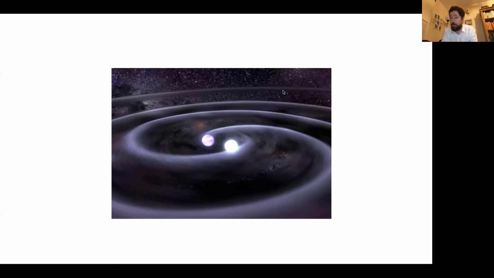I guess there's also people interested in a whole different area of gravitational wave astronomy that's looking at gravitational waves from supermassive black holes. So these sort of million solar mass black holes, and gravitational waves from the very, very distant universe.